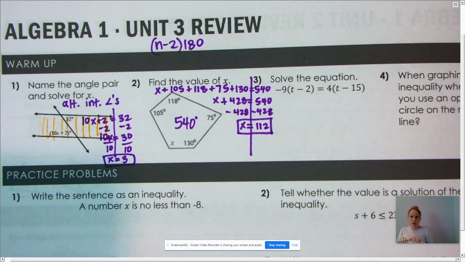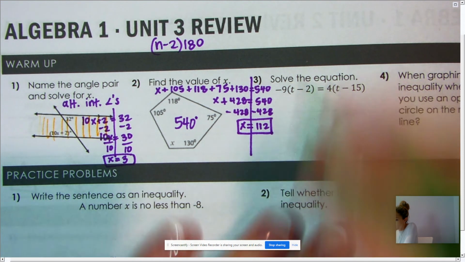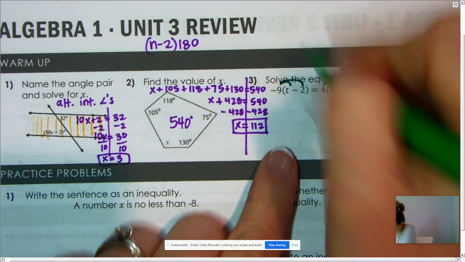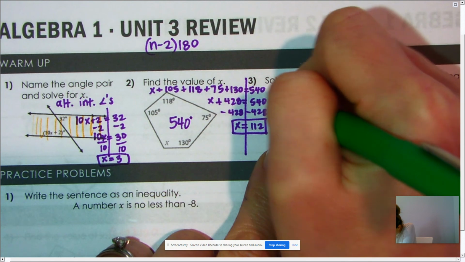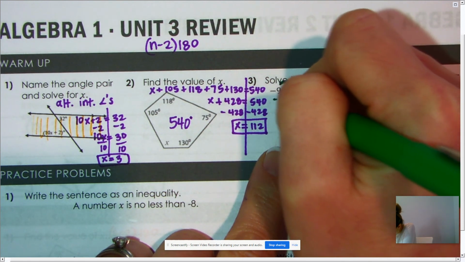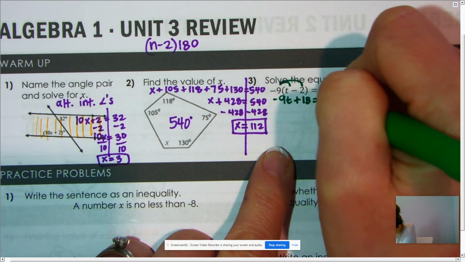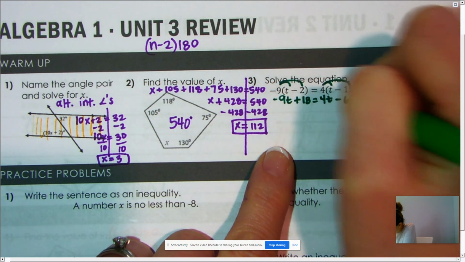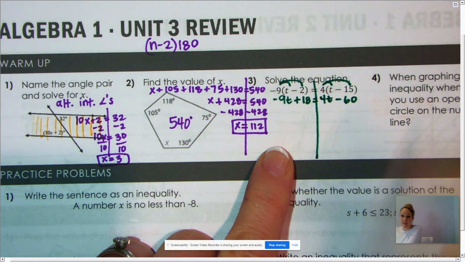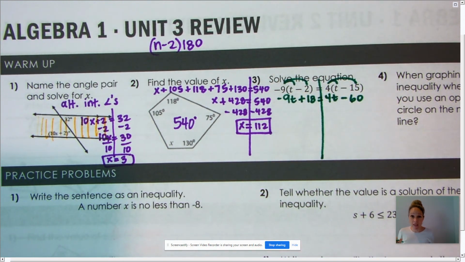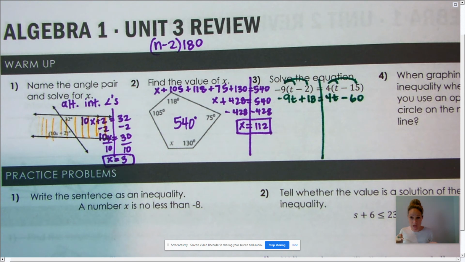Sorry about that. Okay, question number 3, we are going to distribute first. And so I have negative 9t, a negative times a negative is a positive 18, 4 times t is 4t, minus 60. Okay, and then what I like to do is look for the smaller variable and then cancel that out on both sides.